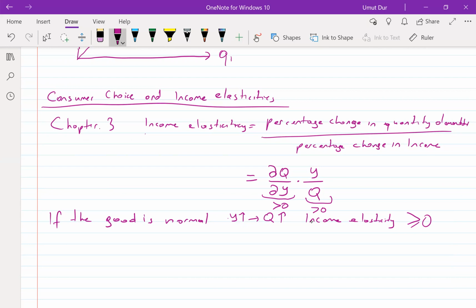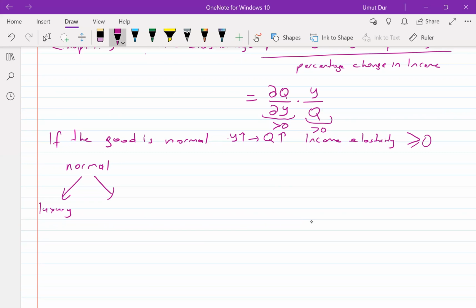We divide the normal goods into two parts. The first one is luxury goods, which have income elasticity greater than 1, and we have necessity goods, which have income elasticity less than or equal to 1, of course between 0 and 1.